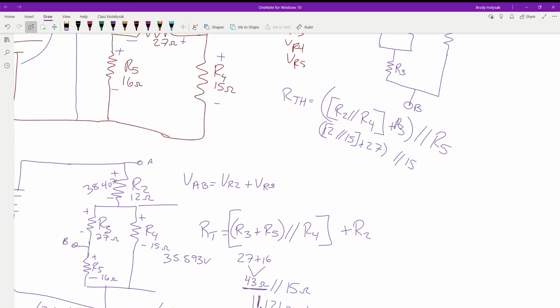We're good with that? So this value, 6.667 ohms. We're going to add 27 to that. So that gives us 33.667. And then we're going to take that in parallel with our 15. 16.